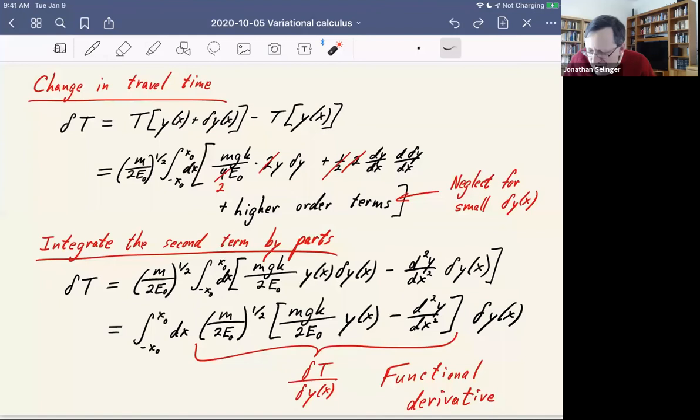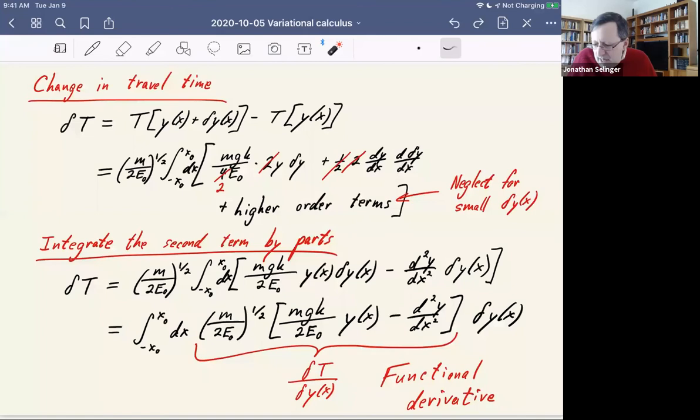The second part of the variation is like this thing, where this is negative the x derivative of the derivative of the function we're working with, the travel time, with respect to y dot. Y dot now means dy/dx instead of dy/dt.